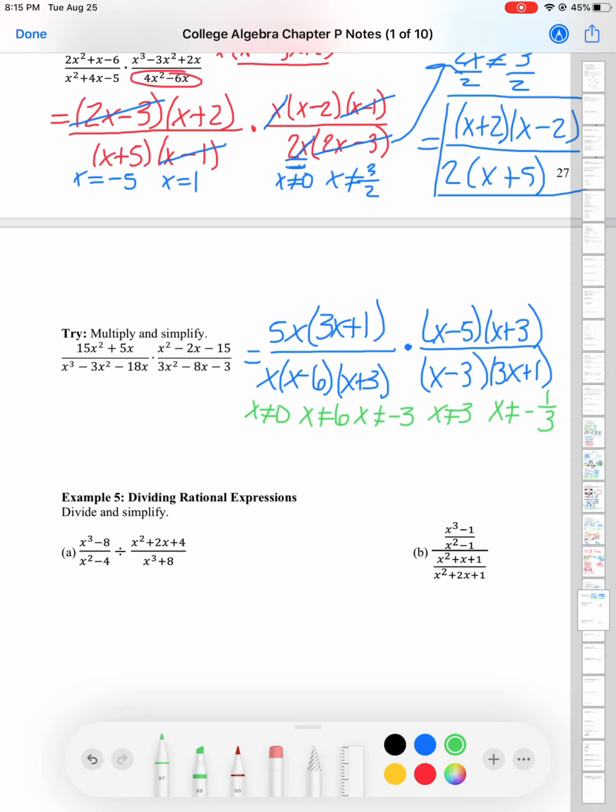Once we've done that, we're looking for factors that the top and bottom have in common that we can reduce by. And I see an x and an x, so I get 5 times x minus 5 over x minus 6 times x minus 3.